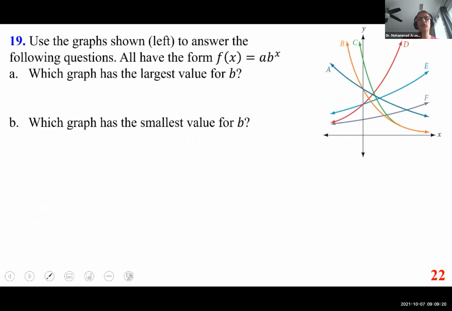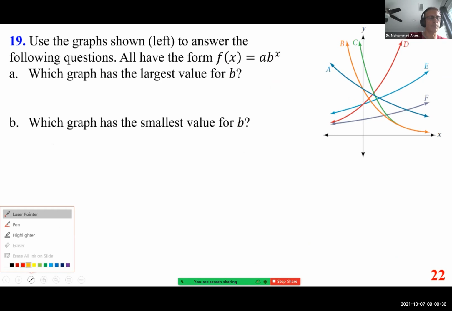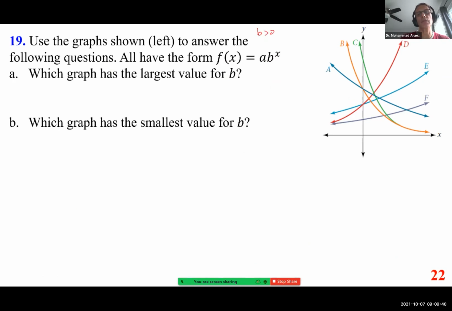We are given a bunch of graphs. We want to answer the following questions, and all have the exponential form of ab to the power of x. By the way, I hope everybody remembers that the base must be positive and it can't be 1. So I'm going to remind you that what we learned is that b must be positive and it can't be 1.